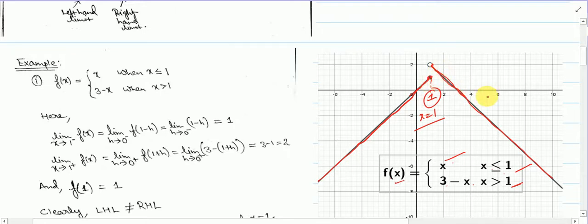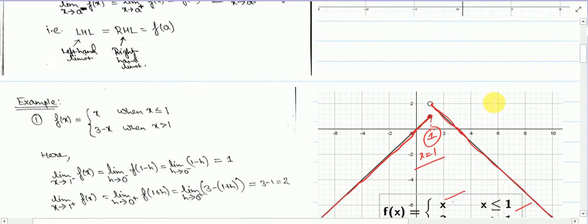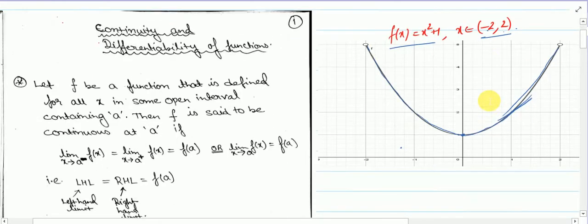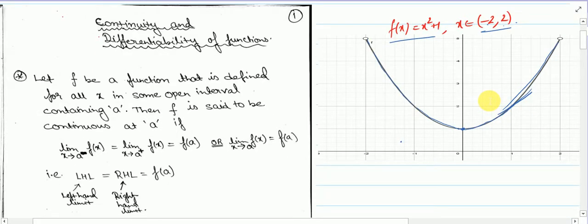So all the time it's not possible for us to draw the graph and then analyze continuity and discontinuity. We should have some method to confirm continuity and discontinuity. Here in your maths copy you are supposed to give the heading, and then write this.